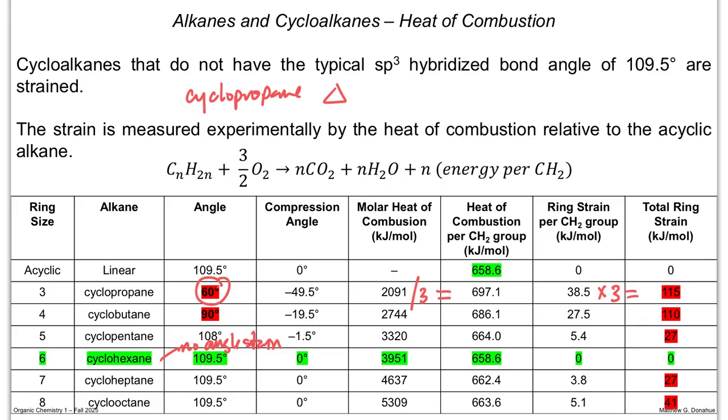When rings get bigger and bigger, again, it's kind of like a ball of yarn almost. These things start tangling back on one another, and that's another form of strain. So small rings have a lot. 6 is the normal, and as you get to bigger rings, there's other sort of interactions happening that start pumping that number back up.